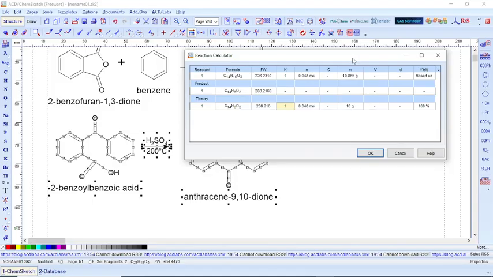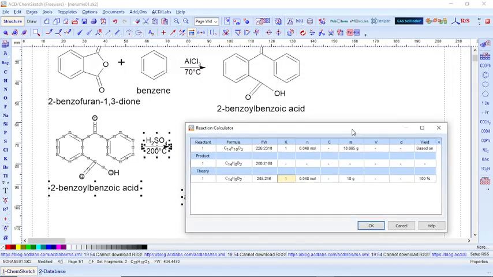Then your next question will be, since I need 10.865 gram of 2-benzoic acid to react with sulfuric acid to give me my target product, what quantity of phthalic anhydride and benzene do I need to achieve that 10.865 gram?